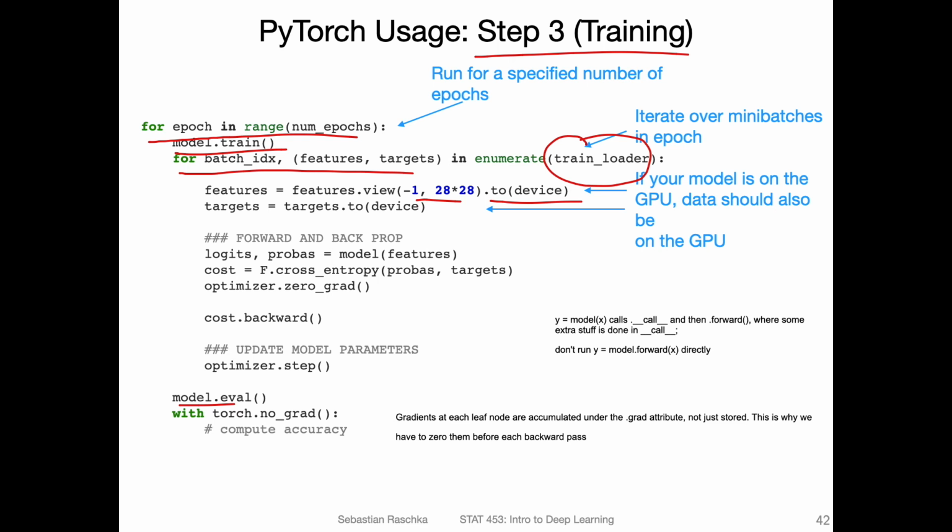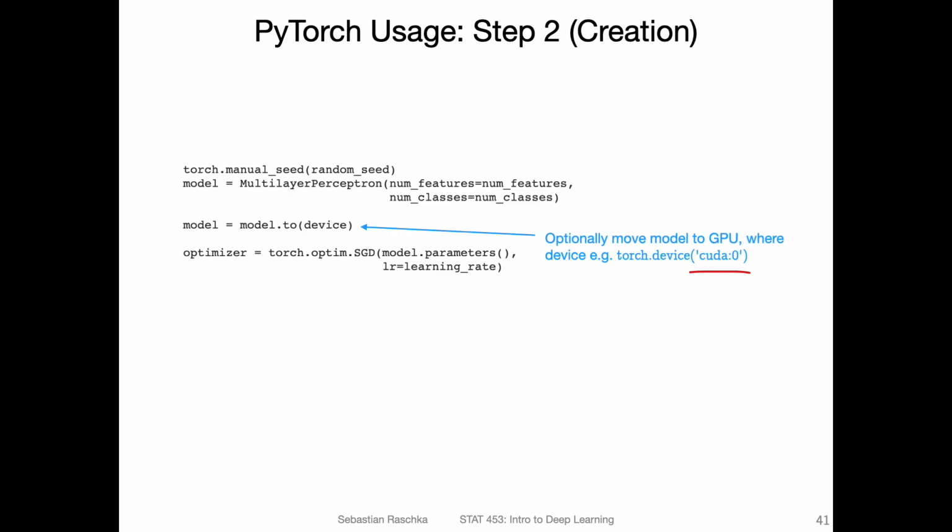Personally, how this can be very easily handled is by specifying somewhere in your code something like device equals either CPU or GPU. So usually you want to use torch.device, and then you would either set it to CPU or, let's say, the CUDA device.